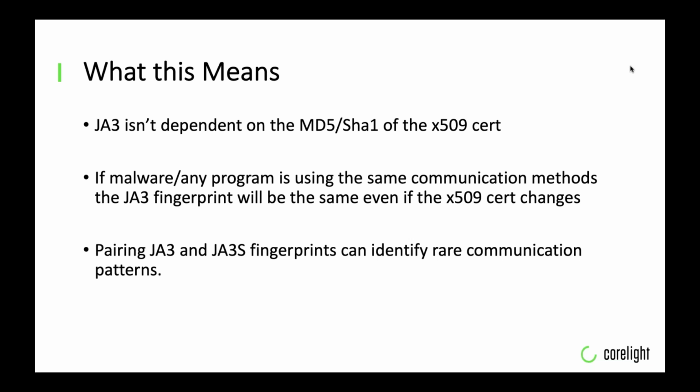Because JA3 identifies the actual communication frame, any malware or program that uses SSL as a communication method is going to have a very unique JA3 fingerprint, and that'll be the same even if the X509 cert changes. And by pairing JA3 and JA3S fingerprints, you can get very unique, rare communications between servers and clients.